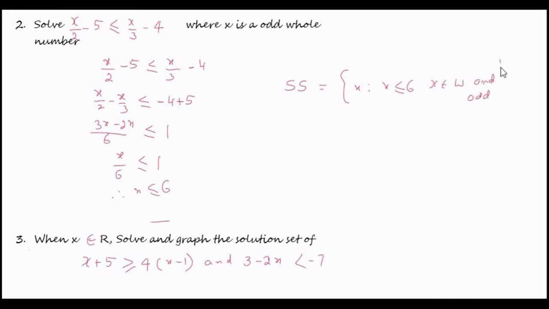It is not only a whole number, it is also an odd number. If you write it in roster form, what are the numbers? Odd numbers. Whole numbers start from 0 and it is less than or equal to 6. So the odd numbers are 1, 3, and 5, and so this is the solution set.